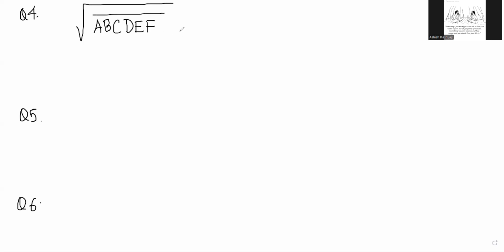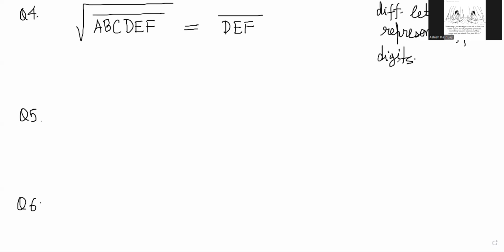This is a 6-digit number equal to DEF, and different letters represent different digits. You have to find A, B, C, D, E, F.